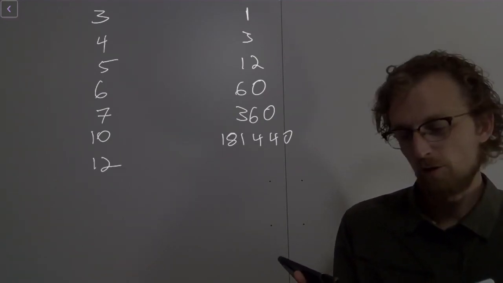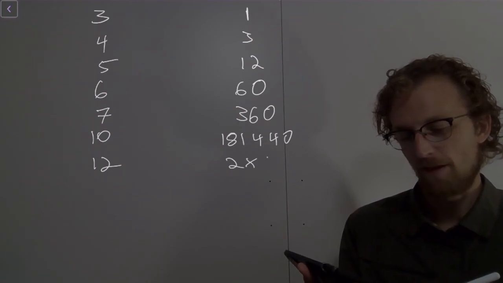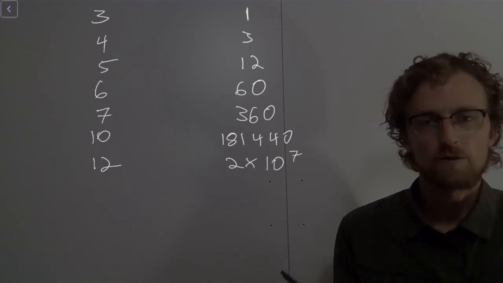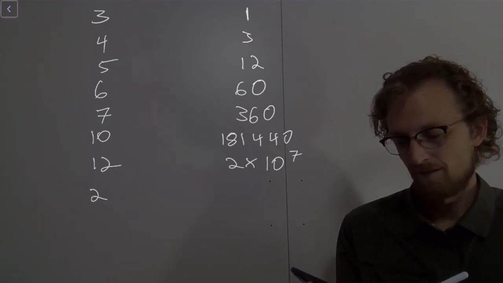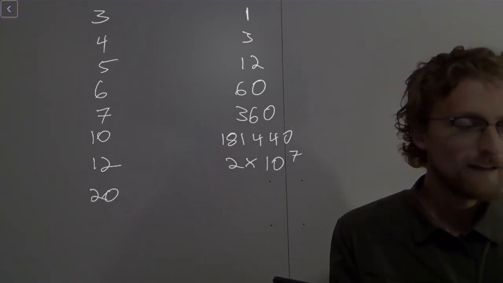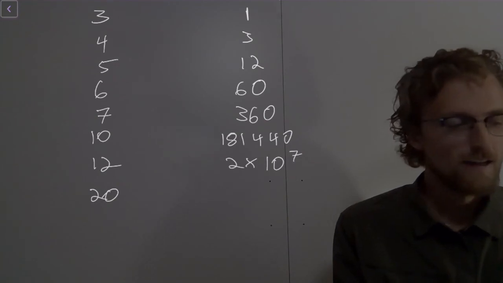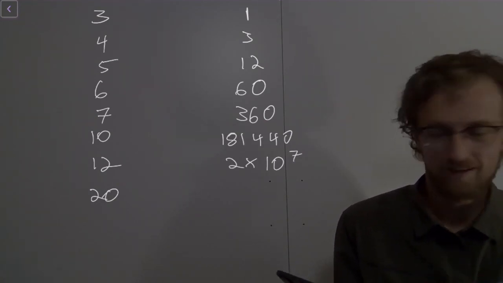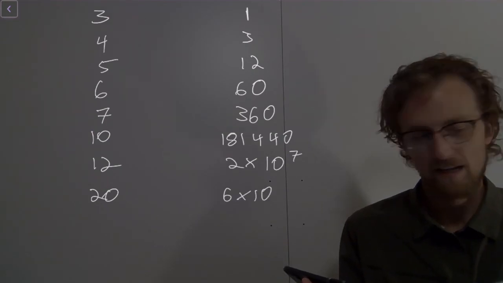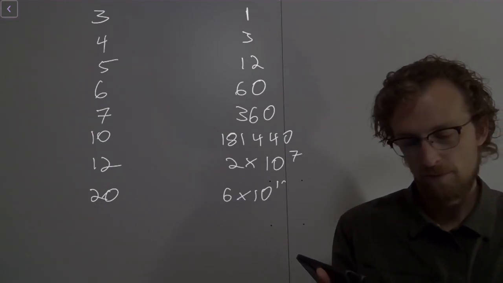Now I have 2 times 10 to the 7th tours. All right. What if I have 20 cities? Well then I have something with 16 zeros on it, right? So something like 6 times 10 to the 16th, right?